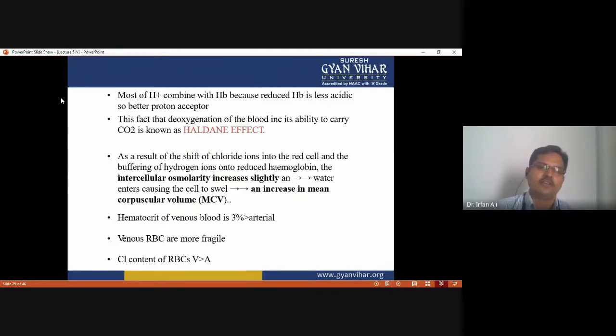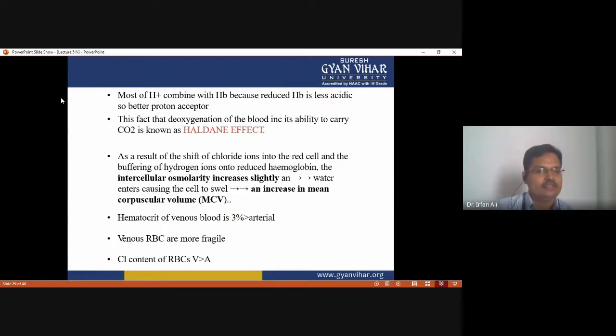As a result of the shift of chloride ion into the RBC and the buffering of hydrogen ion onto the reduced hemoglobin, the intracellular osmolarity increases slightly, and this results in water entering, causing the cell to swell.